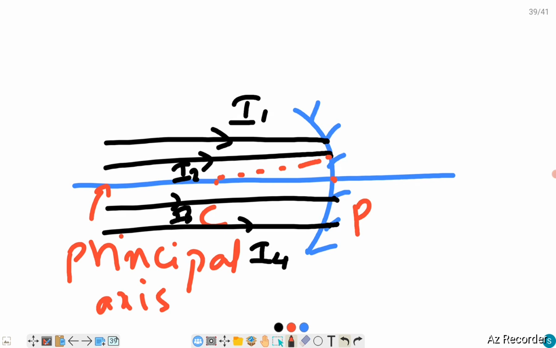Now the reflected ray I will draw. This is the reflected ray R2. Okay. The same way if you draw for everything. That means I2 you have drawn. I1, I3, I4 also you draw.